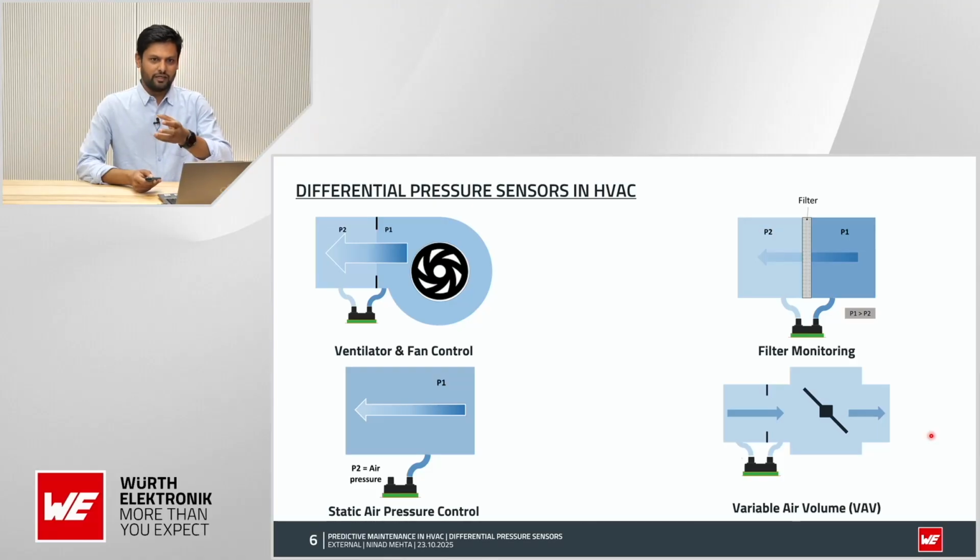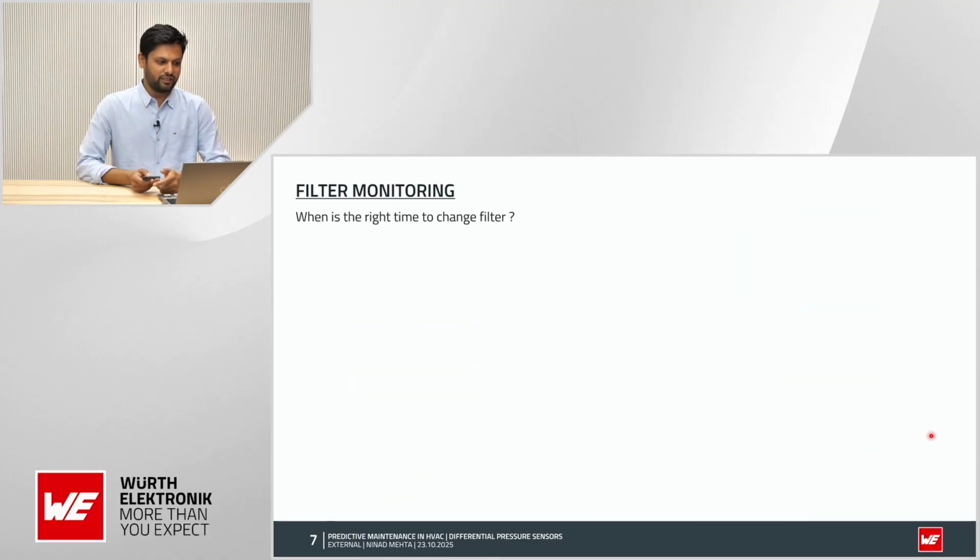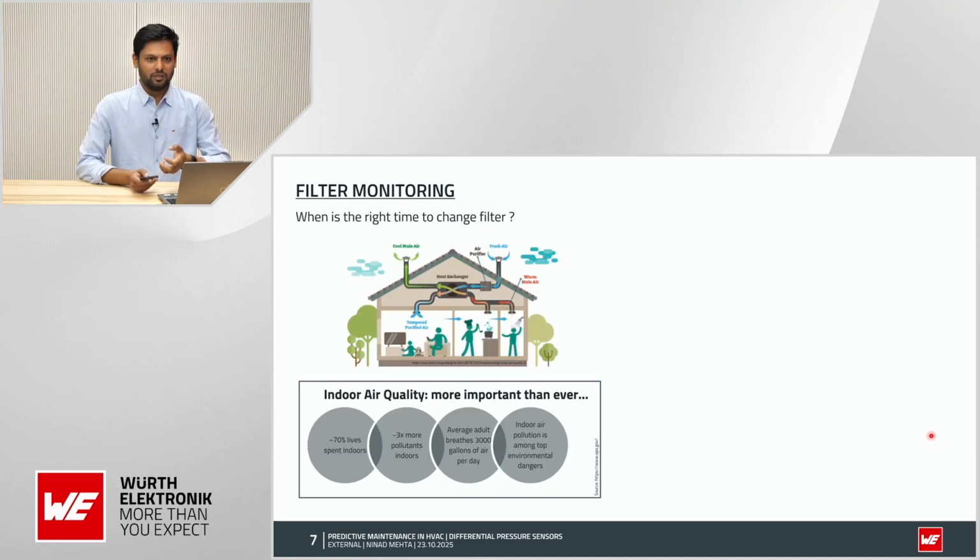Let's take a look at one of the examples first, filter monitoring. Why is filter monitoring very important in an HVAC system? These days we usually spend most of our time indoors. As per statistics, we spend more or less 70% of our whole life indoors, and indoor air statistically has more pollutants than outdoor. After the whole coronavirus, everyone is aware of indoor air quality and how important it is.